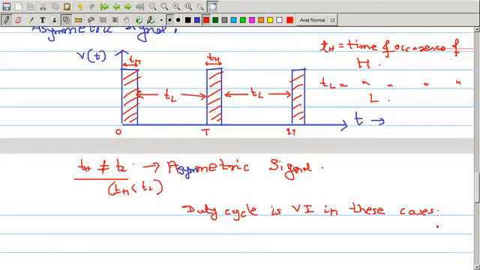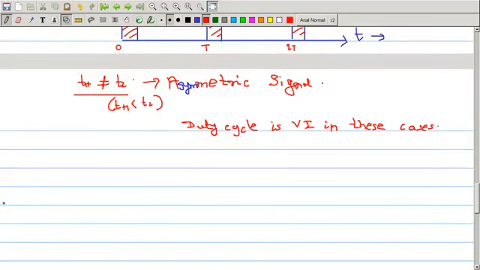I will write a problem which I have taken from the textbook. Let me write this problem for you.